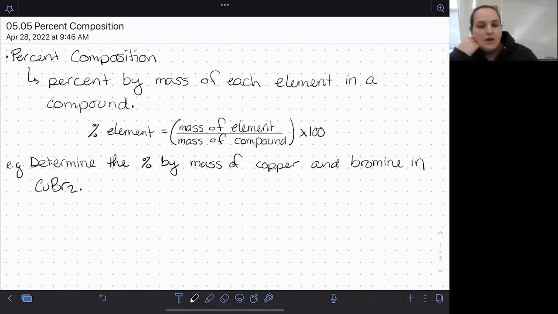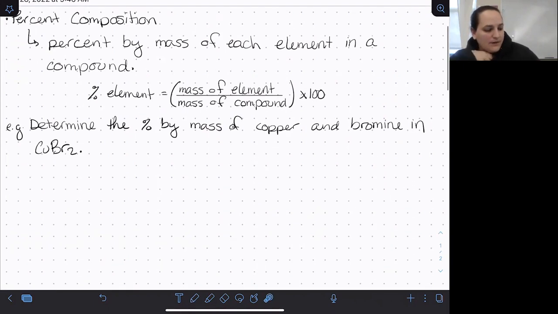So to do this, we're going to be using this relationship here. First thing that we're going to need a couple times is our molar mass of this compound. So that is going to be what goes in the denominator in our setup here.